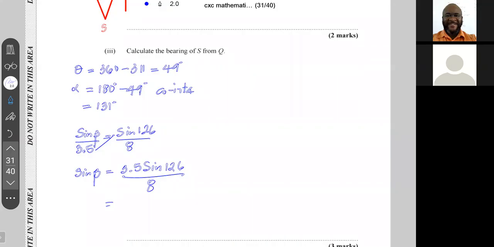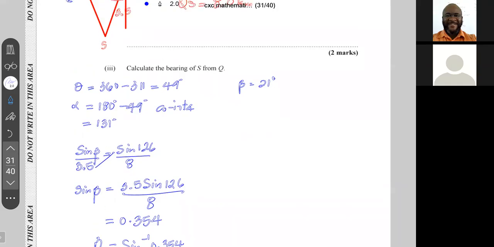This is 0.354. If I know the sine of an angle, to find the angle, I must use sine inverse. It means that theta is equal to sine inverse of 0.354. So shift sine 0.354, close bracket. This is 21 degrees.